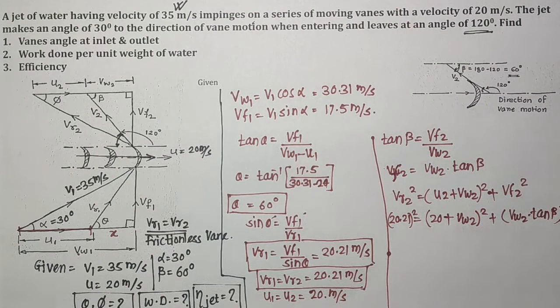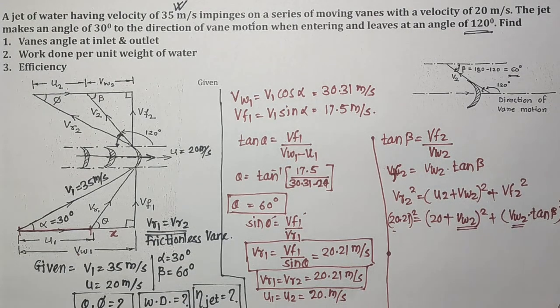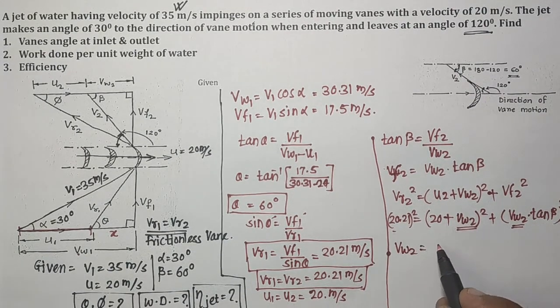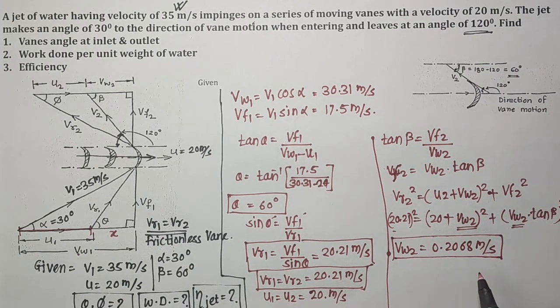So here we have tan beta square, and we have a quadratic equation where VW2 is the variable. We can solve this equation for VW2. So VW2 in that case will be 0.2068 meter per second. After solving, you will get that particular value in the calculator.